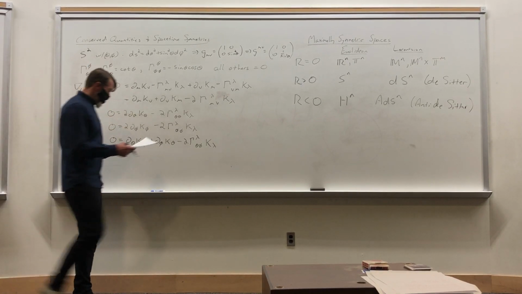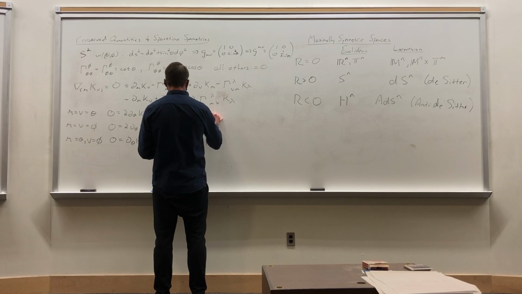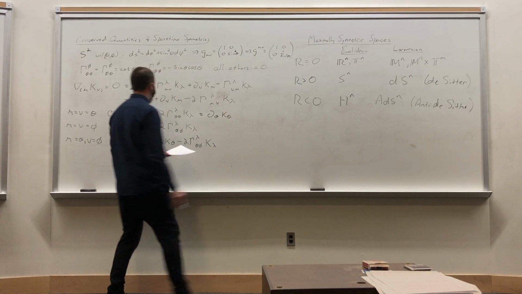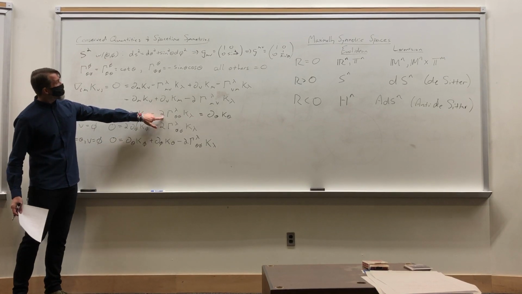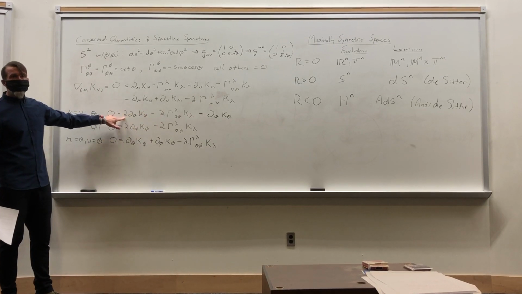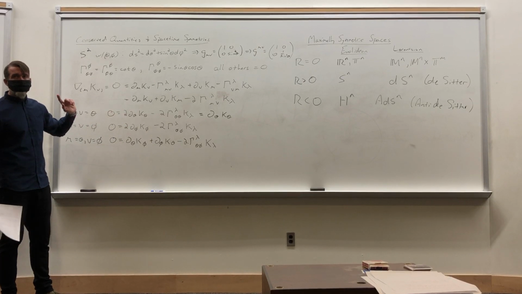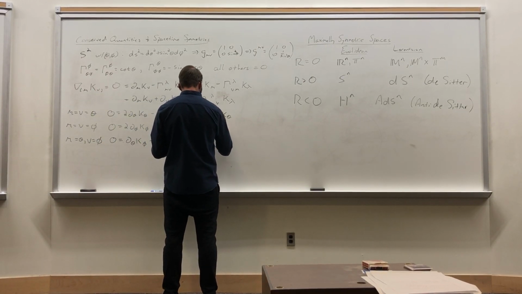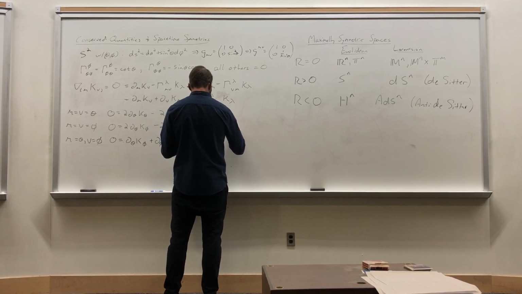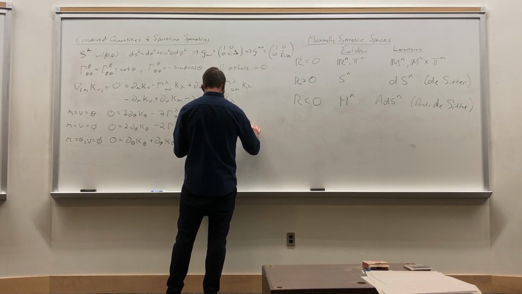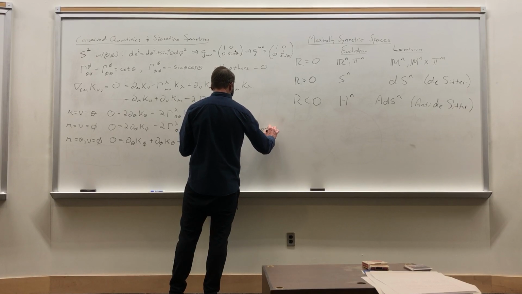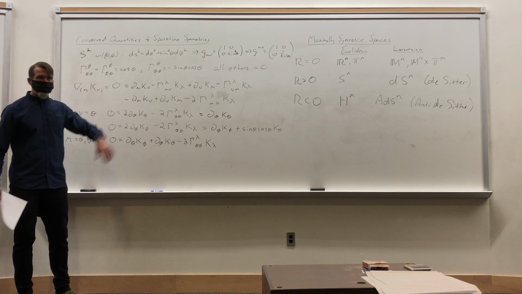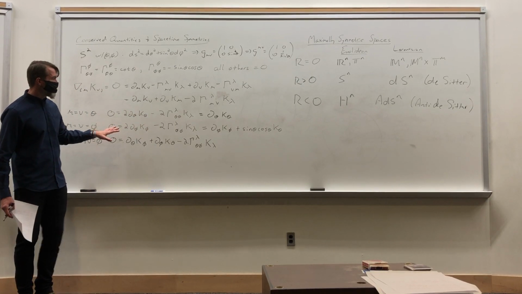Okay? And so we end up with d theta k theta, because this guy is 0, and the number 2 doesn't really play a role in a story of something being equal to 0. This is going to give me d phi k phi plus sine theta cosine theta k theta, because the factor of 2 is not going to play a role in the story because this is equal to 0.